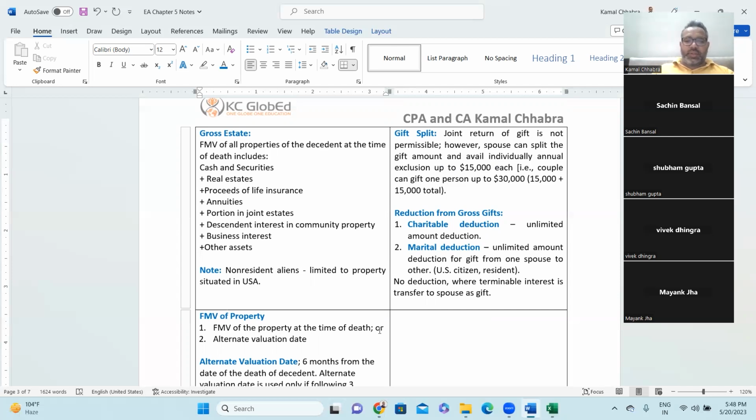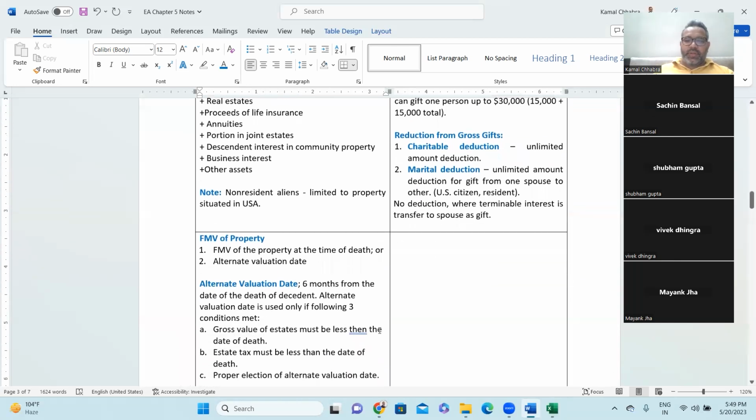And all this gross estate needs to be valued at fair market value, either on the date of death or on the alternate date, if at the alternate date the value of the estate is less. Simple, right? So far so good.